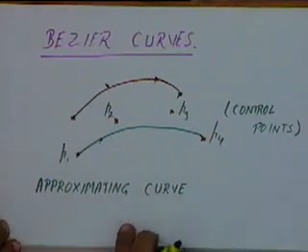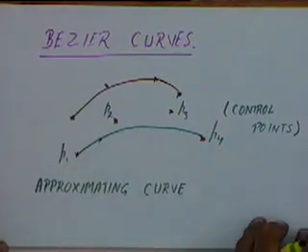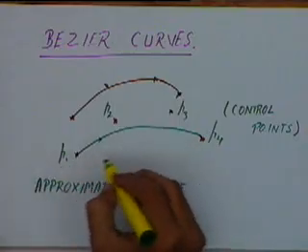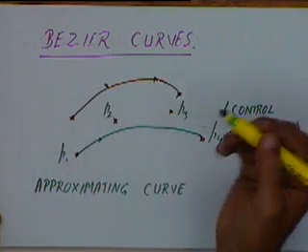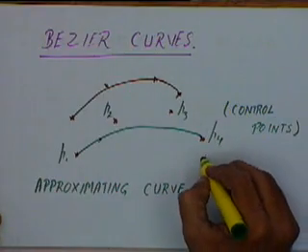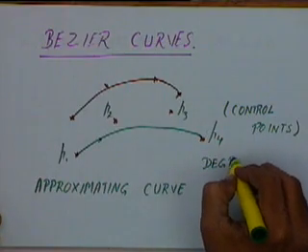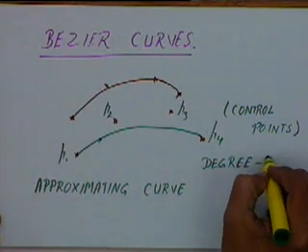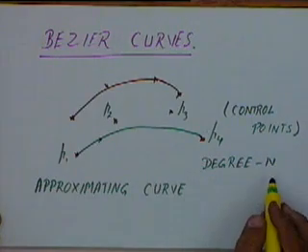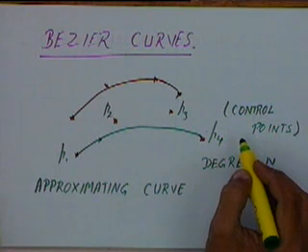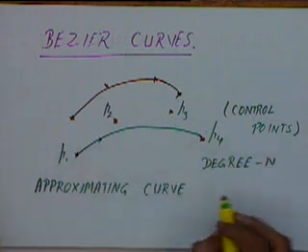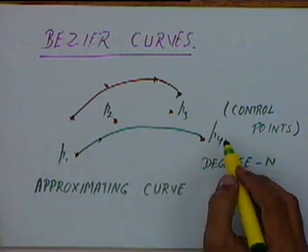Right now I mentioned P1, P2, P3, P4, but typically this curve need not be just a cubic curve. It can be a higher degree curve. It can have a degree n. For defining an n degree curve, we will have to have n plus 1 points, ranging from P0 to Pn.